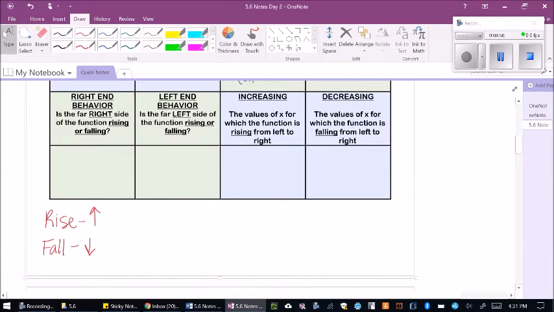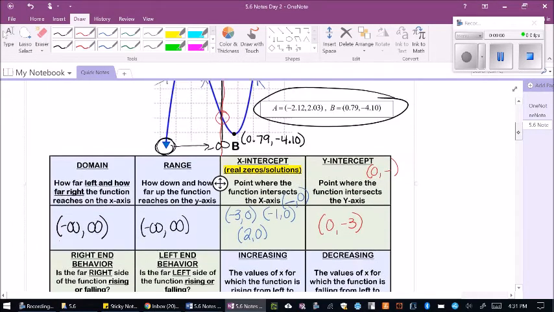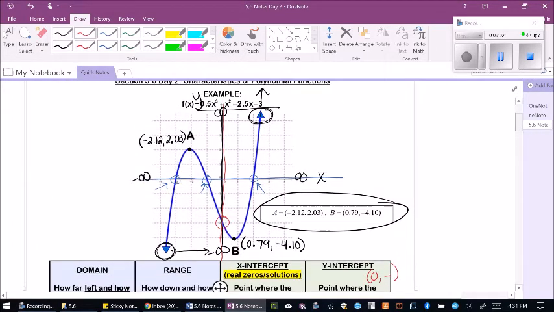Okay, so now it says, is the right side of the function rising or falling? So I'm going to actually take 1 second, and I'm going to erase some of this. I feel like it gets a little messy. I'm going to keep those points in there.